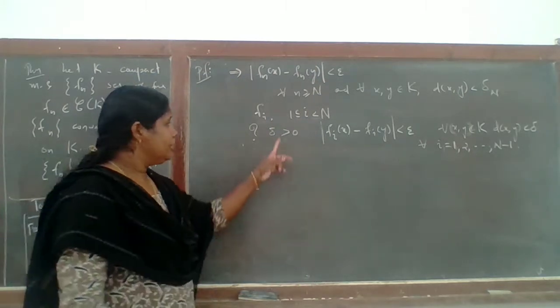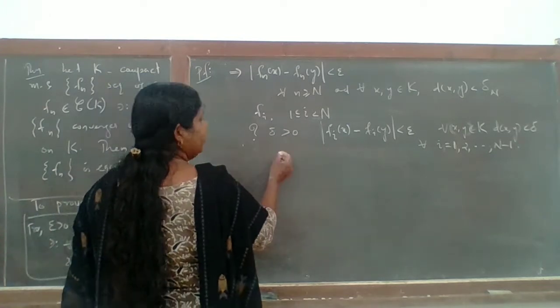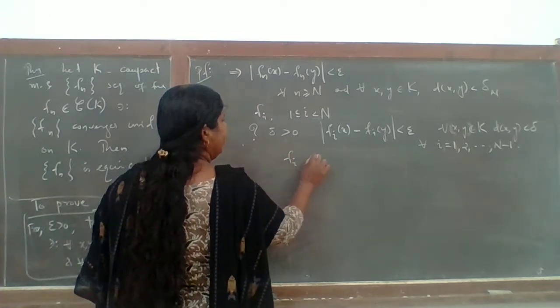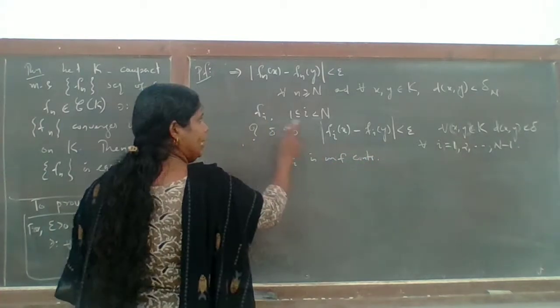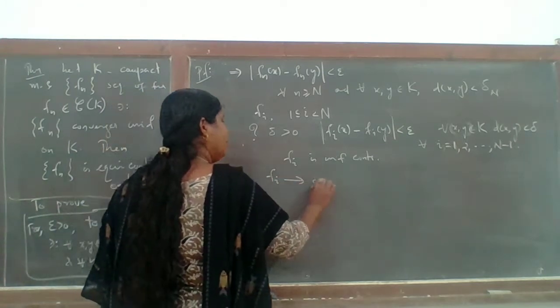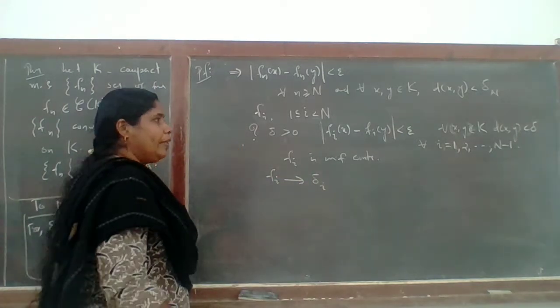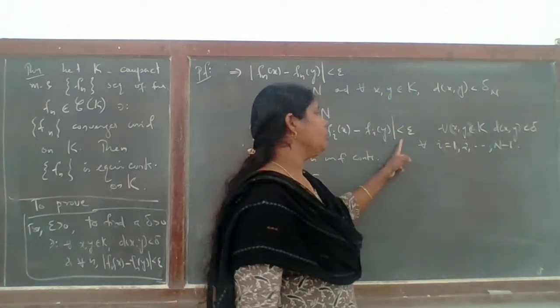Okay, that's it. This is possible because each f_i is uniformly continuous. Only a finite number of f_i's are there. So corresponding to each f_i you have some delta_i such that whenever d(x,y) is less than delta_i, this is true.